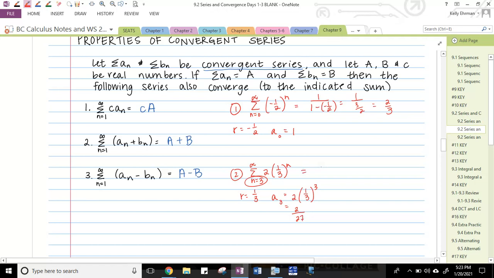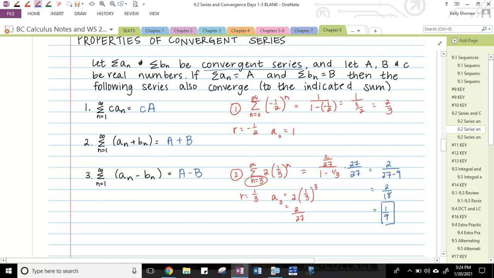Then when I do my series, it's the first term, 2 over 27, over 1 minus r. If I multiply that by 27 over 27, that gives me 2 over 27 minus 9. 2 over 18, which is 1 over 9.